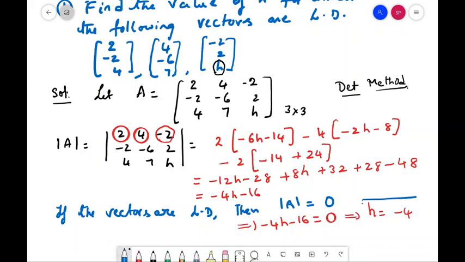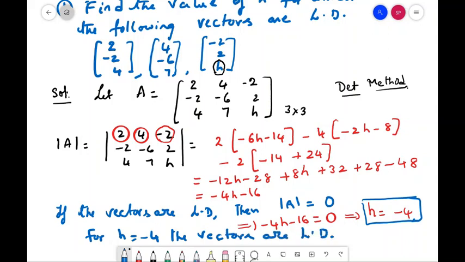So for h equal to minus 4, the vectors are linearly dependent.